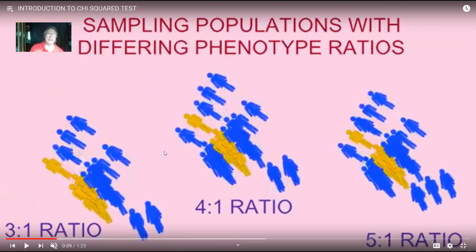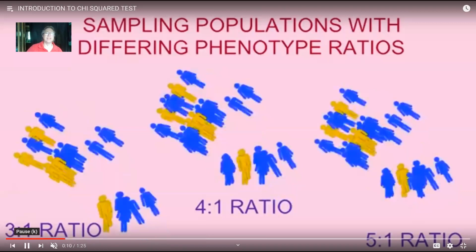Even though the odds of a first child being a boy or a girl is, say, 1 in 2, and the odds of the second child being a boy or a girl is 1 in 2, if you survey families that have 2 children, not everyone has 1 son and 1 daughter. Obviously, a quarter of the time you have 2 sons, a quarter of the time you have 2 daughters.